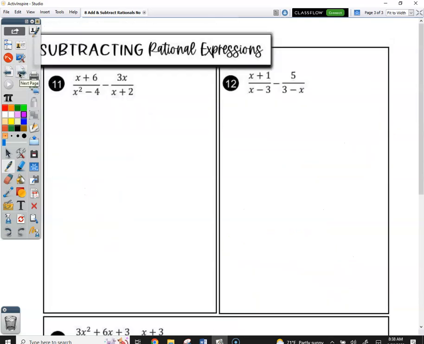Okay, the answer to 11 is, now there's two ways, so if you multiply the top, and I'll write that, if you multiply the top, this is the answer.